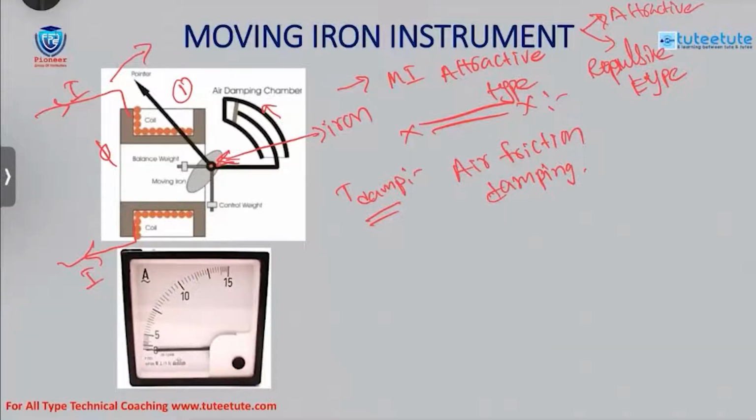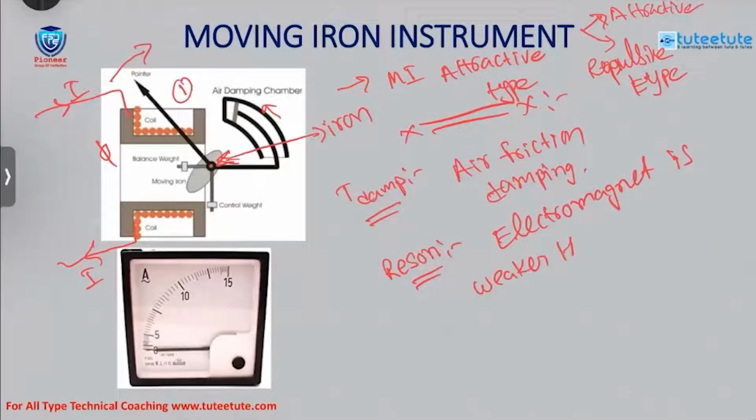Why are we using air friction damping in moving iron instruments? Whatever we are using here is an electromagnet. The reason is that an electromagnet is weaker than a permanent magnet.